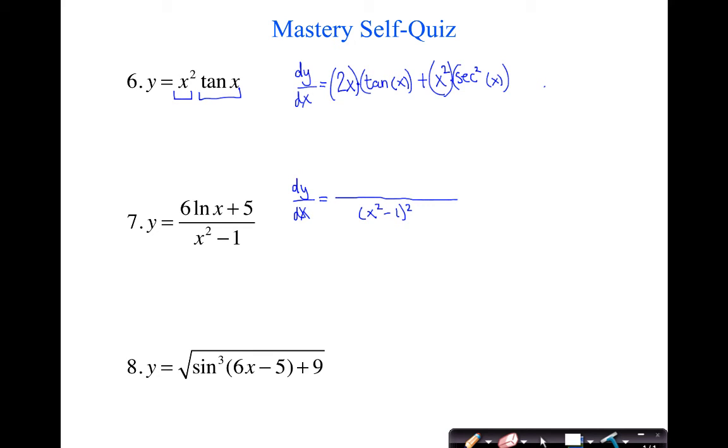So derivative of the numerator, 5 is a constant, so that part's going to go away, but just 6 times natural log of x will be 6 times 1 over x. For the sake of space, I'm just going to write that as 6 over x times the original denominator, x squared minus 1, minus, other way around, the original 6 natural log of x times the derivative of the denominator, which also not too hard, just 2x.